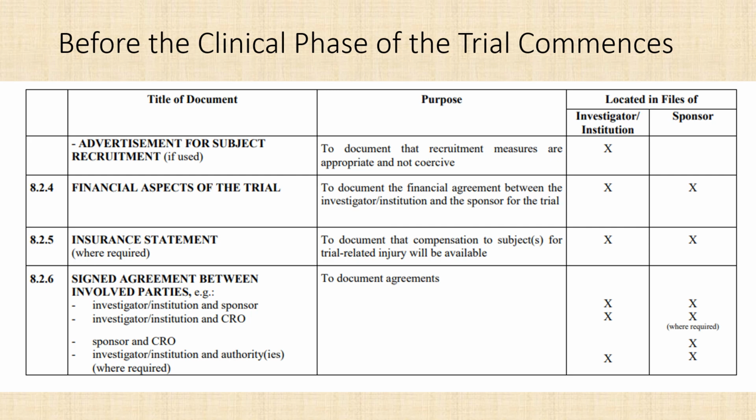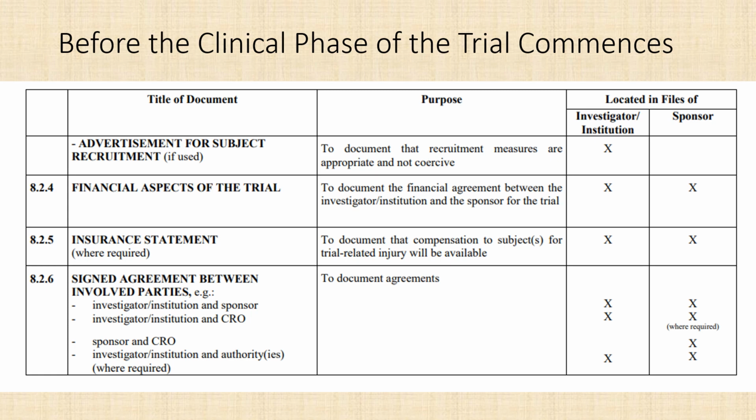Advertisement for subject recruitment, to document that the recruitment measures are appropriate and not coercive, should be available with the investigator. Financial aspects of the trial, to document the financial agreements between the investigator institution and the sponsor for the trial, should be available both with the investigator as well as the sponsor.